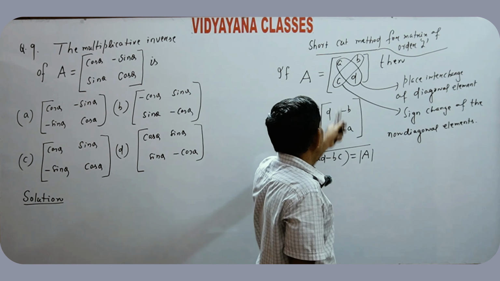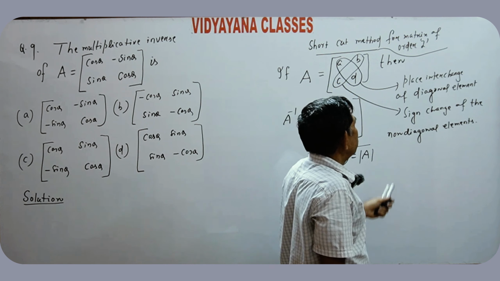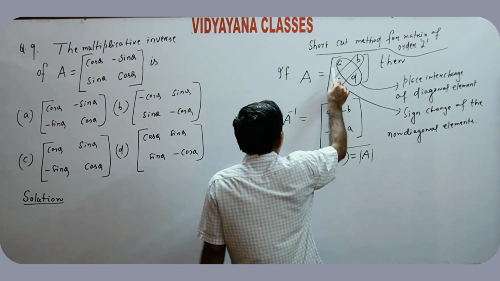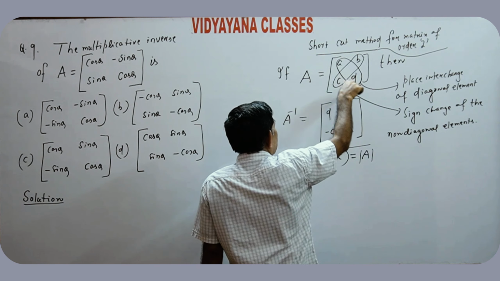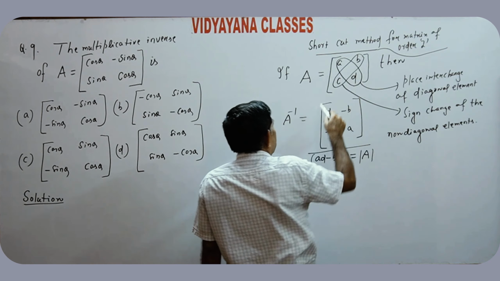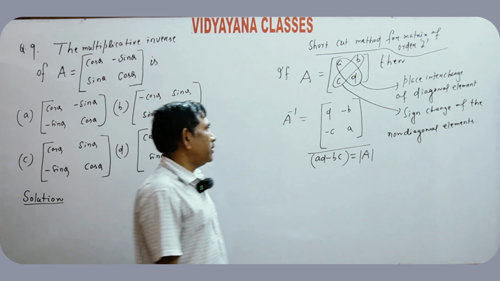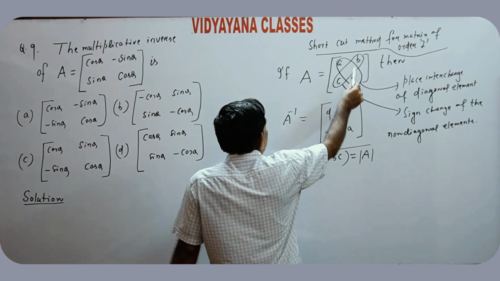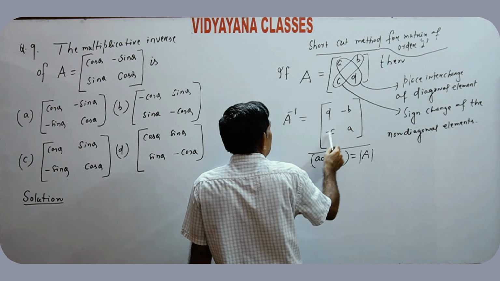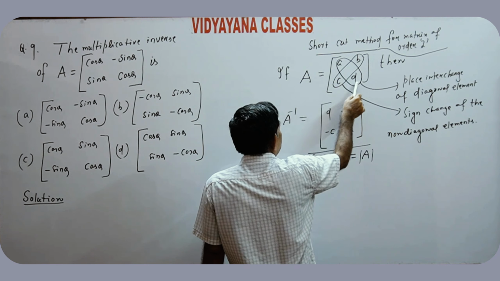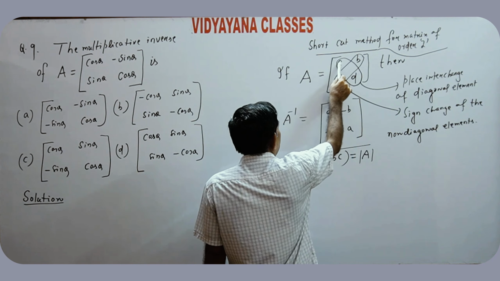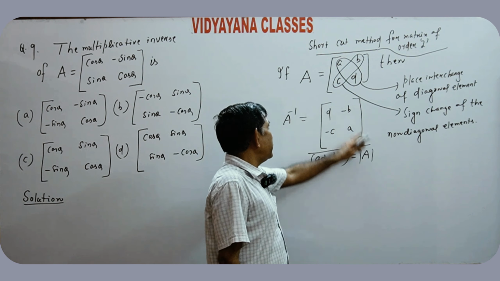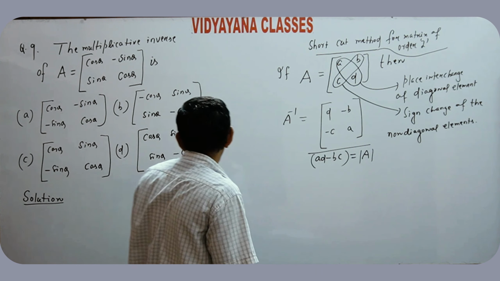First, place interchange of diagonal elements. Diagonal elements means left top to right bottom. It is the diagonal element and it is the non-diagonal element. Sign change of the non-diagonal elements: B will be minus B, C will be minus C. Place interchange of diagonal elements: A will be D and D will be A. Whole divided by the determinant, that means AD minus BC.